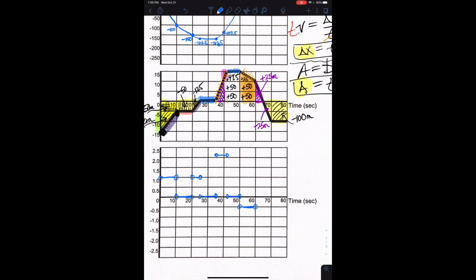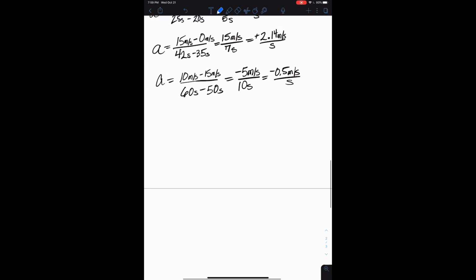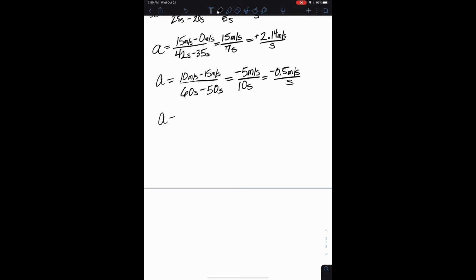This one's going to go all the way from 60 to 70, and it's going to be over a large change in velocity, right? It looks like it goes from positive 10 to negative 10. Negative 10 would be the final. So we're saying from 60 to 70, so 70 minus 60, final minus initial.